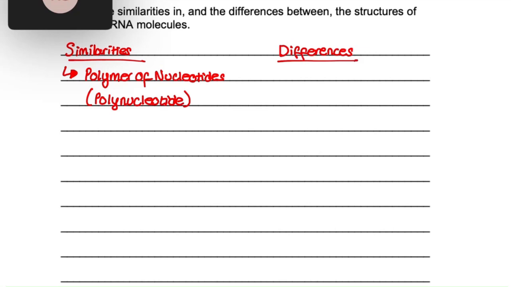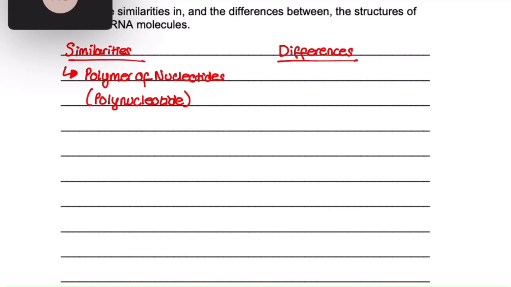Now, the next thing is let's dive into the structure. When we look at DNA, we know that we have a pentose sugar, we have a nitrogenous base, and we have a phosphate group. And that's the same within RNA. RNA also has a pentose sugar, it has a nitrogenous base, and it has a phosphate group.